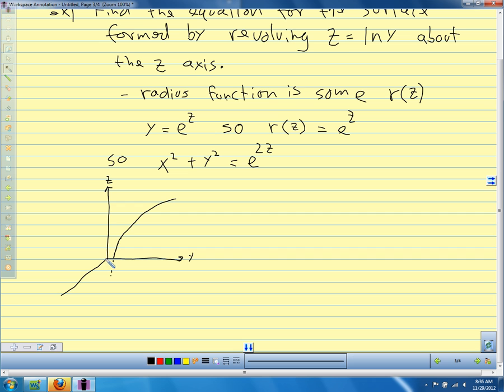So I'm going to extend this back here, and in this plane we have circles around this way. So it looks like kind of a giant funnel about the z-axis. So that would be our surface, kind of a funnel shape. Does that make sense?